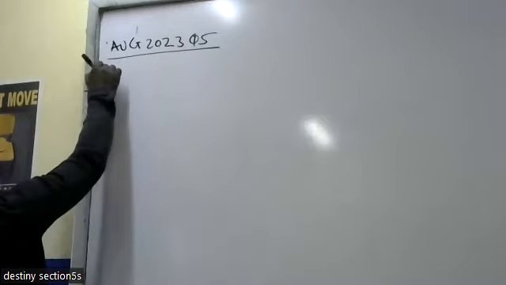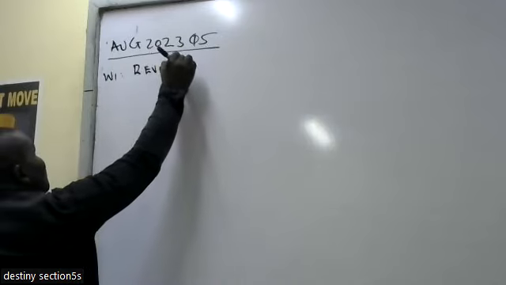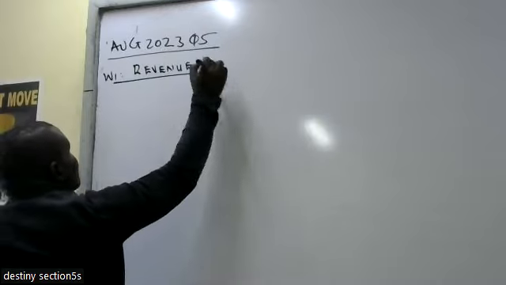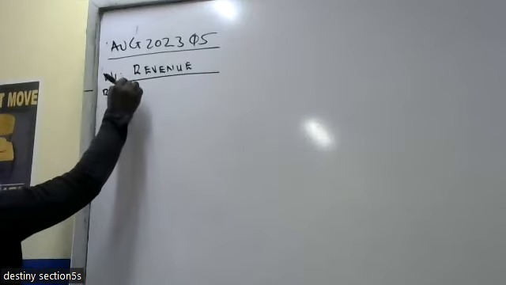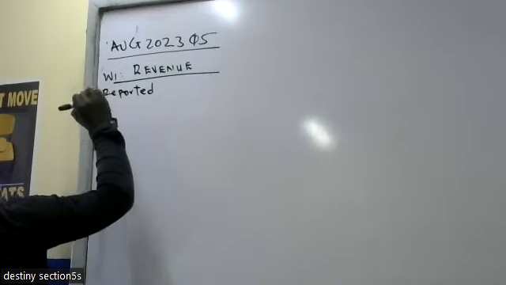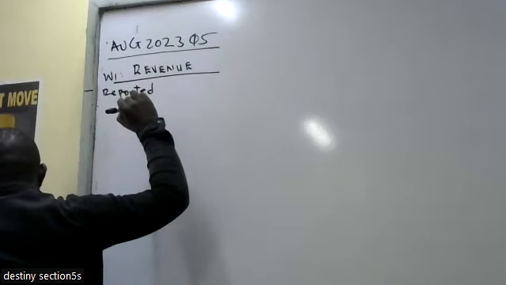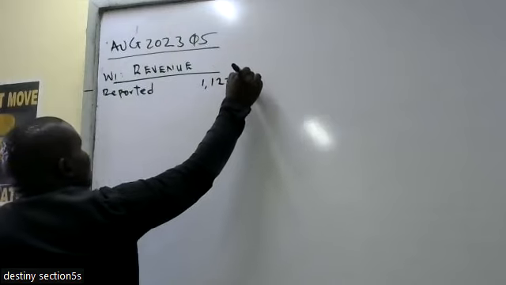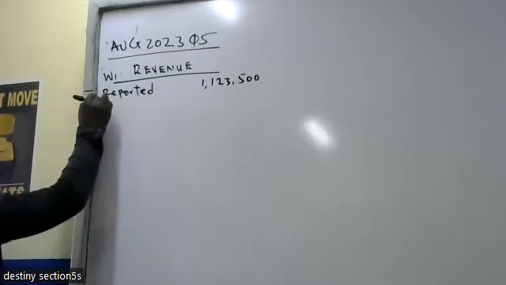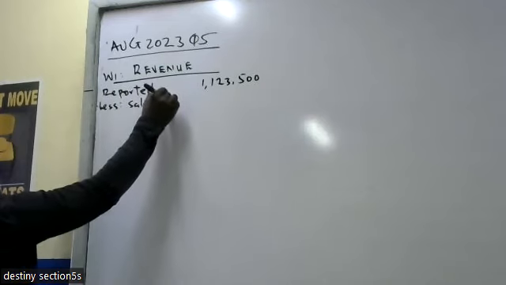So working 1, revenue. Revenue reported 1,123,500 less sale of plant.